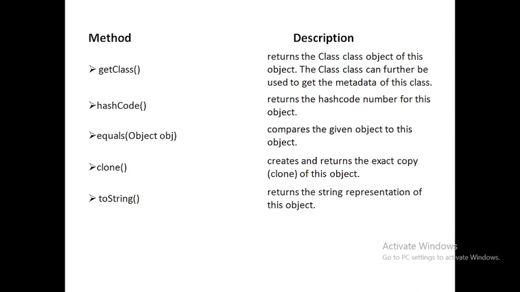Another important method in Java is the clone function. The clone function creates and returns the exact copy of the object. Whatever object we are creating, it creates and returns the exact copy of that object. This is a very important function.